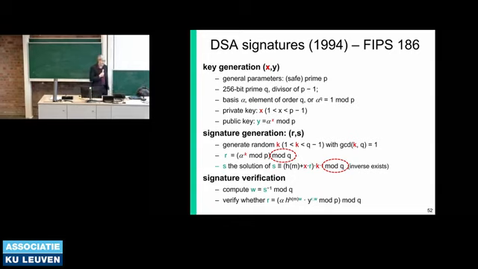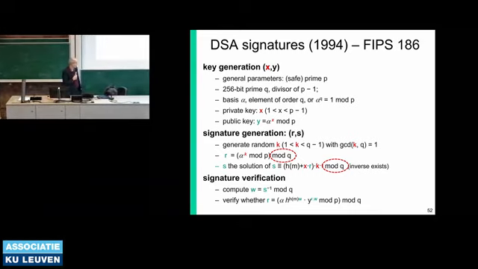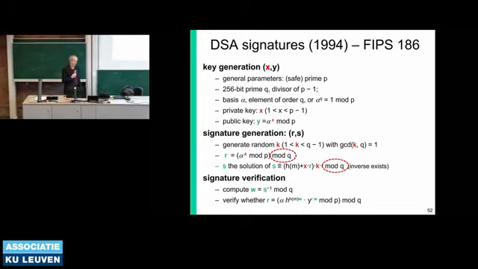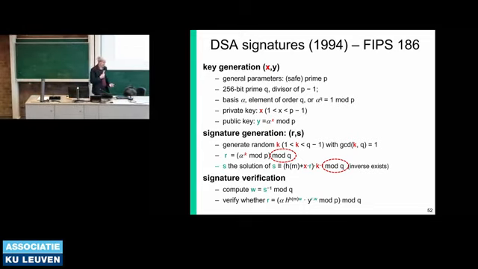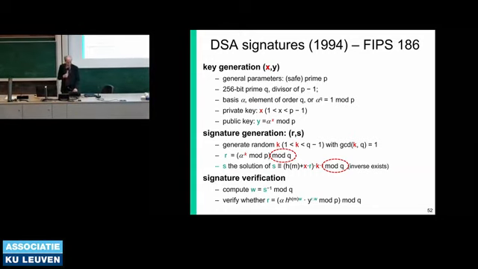They proposed DSA. DSA is very similar to El-Gamal, but instead of working modulo a prime, you work modulo a prime where p minus 1 has a large prime factor q, and you work in a subgroup, a smaller set of numbers, mod q. You can see this here on the slide.